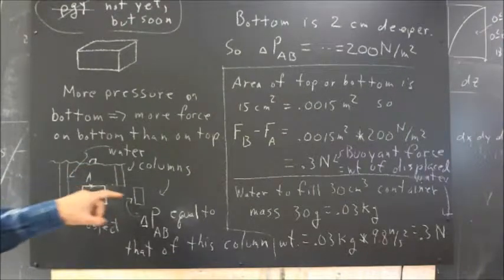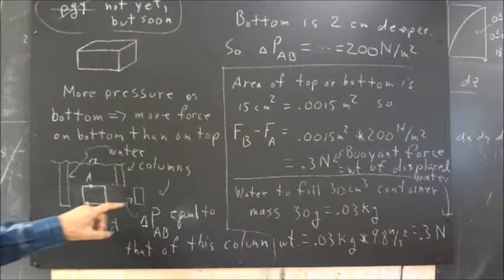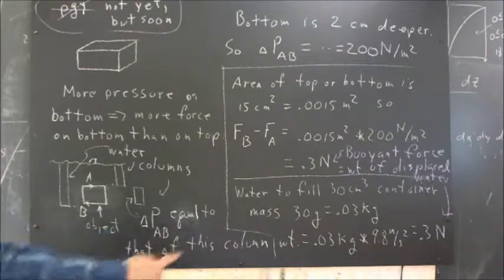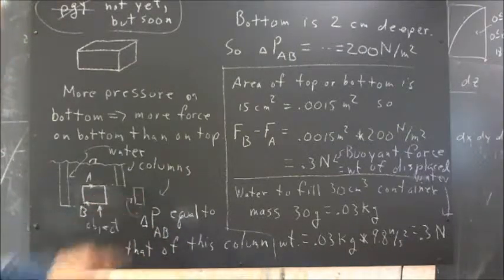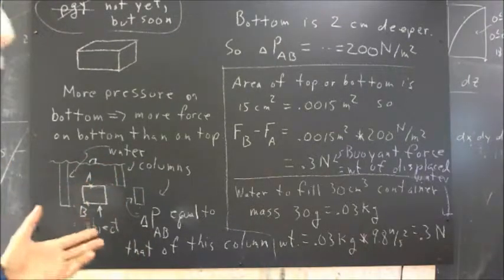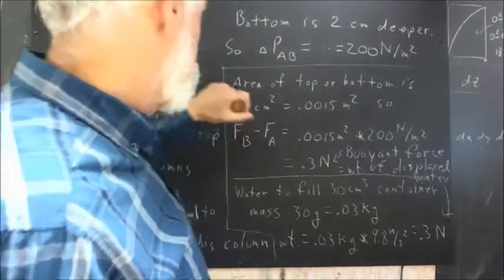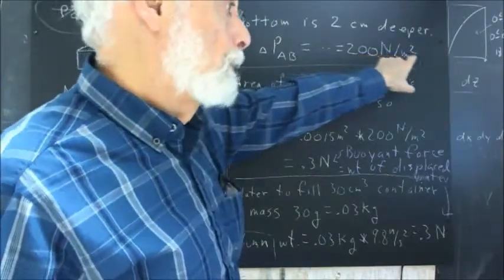In other words, the column that extends from point A at the top to point B at the bottom. So the change in pressure between A and B is equal to the pressure needed to support just this column. And we can work that out by the same methods we've used previously. Since the bottom is 2 centimeters deeper, we have a pressure difference of 200 newtons per square meter.